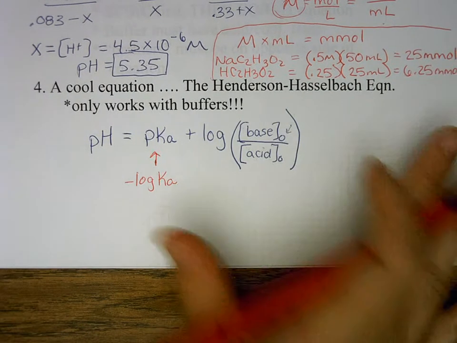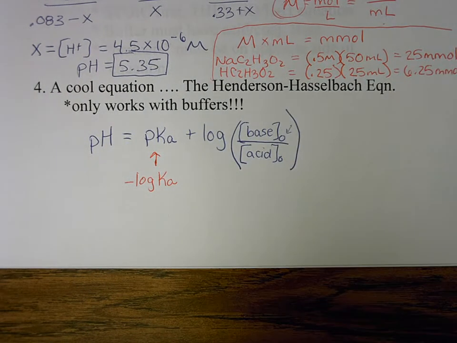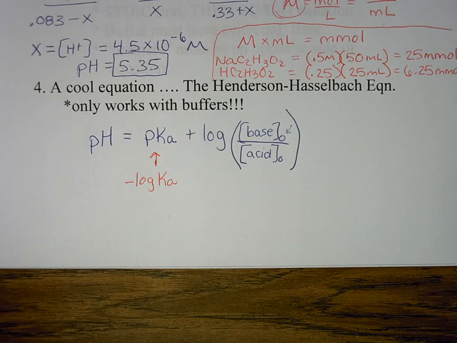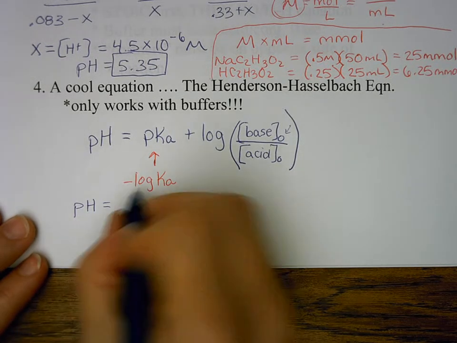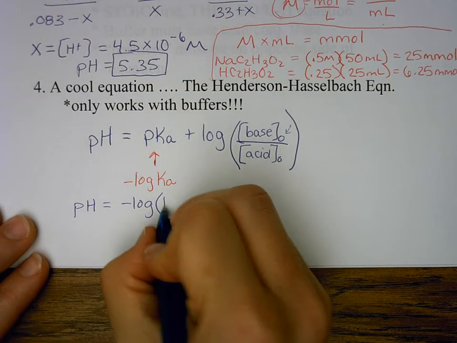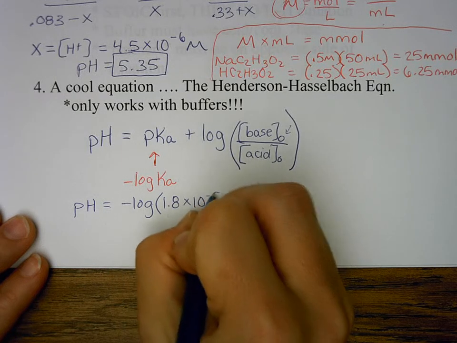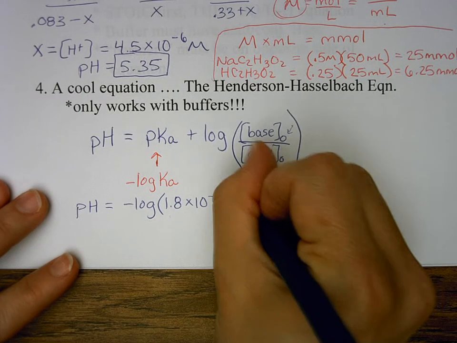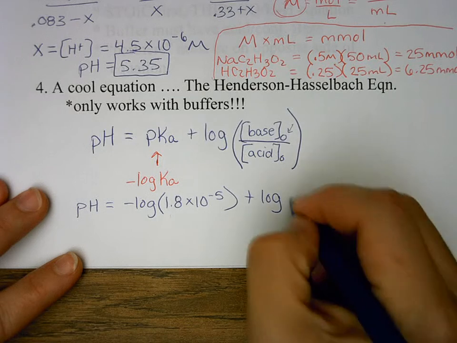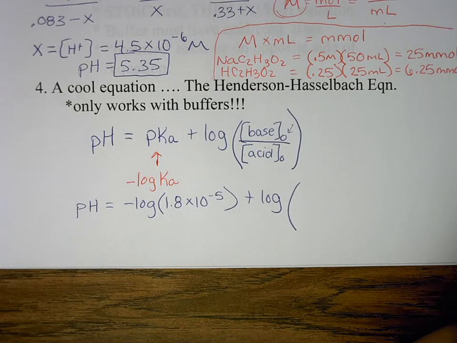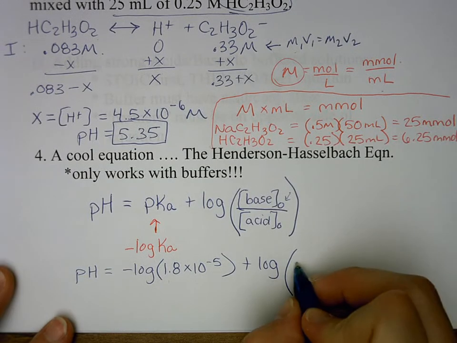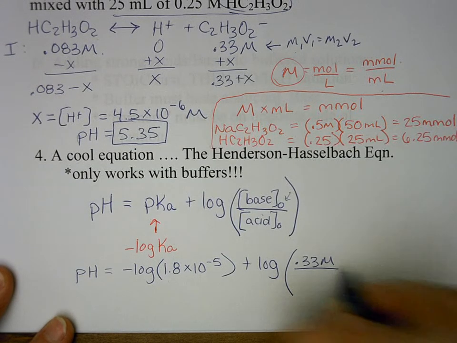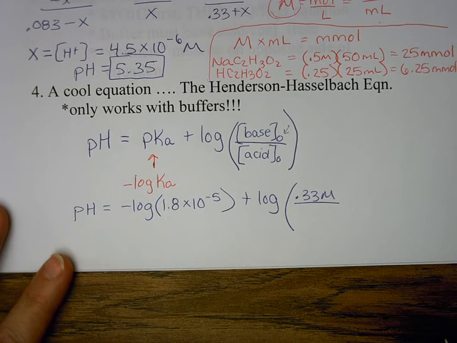Okay, so dealing with the above reaction where we had the sodium acetate and the acetic acid, calculating that pH, it equals the negative log of the Ka for acetic acid, 1.8 times 10 to the negative 5, plus the log of the base over the acid. So the conjugate base concentration was 0.33. The acid concentration was 0.083.